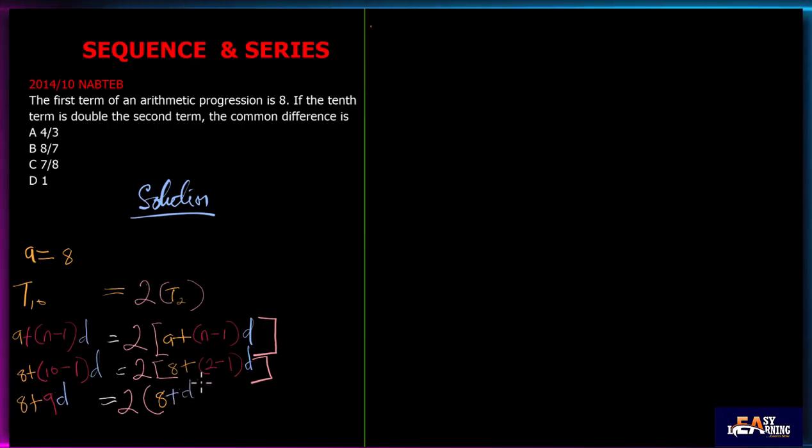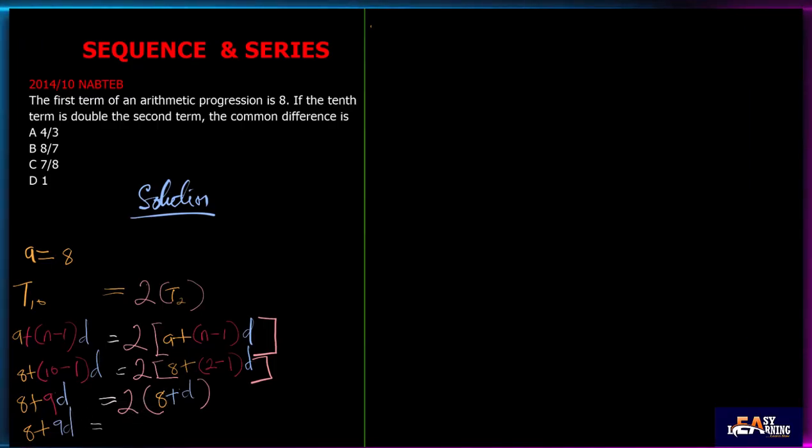You can close the bracket, and later on we're going to expand the bracket, but let's still bring down here 8 plus 9d. All right, equals to, multiplying these, 2 times 8 will give us 16 plus 2 times d will give us 2d. We can write it out here so we can finish our solving.